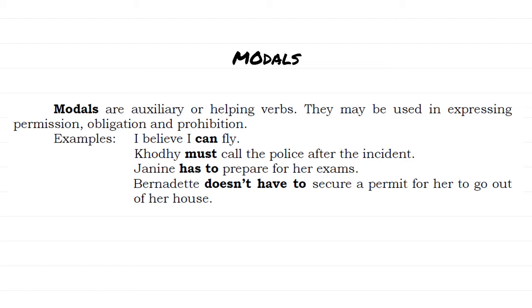It is helping the verb prepare, has to prepare. And then the last example, we have Bernadette doesn't have to secure a permit for her to go out of her house. The modal here is doesn't have to. The main verb is secure.